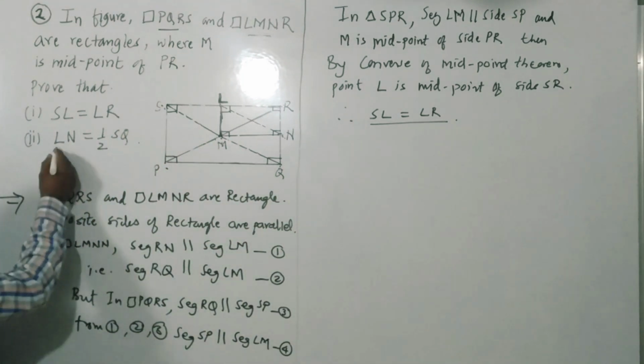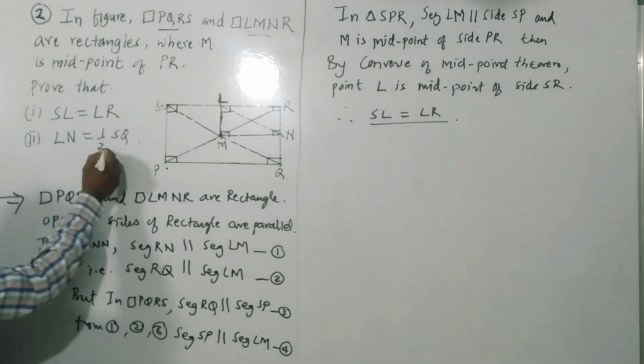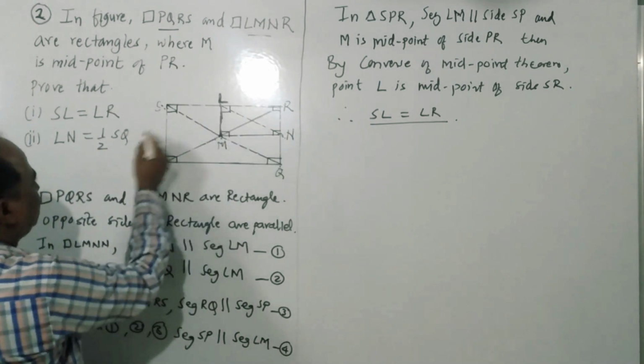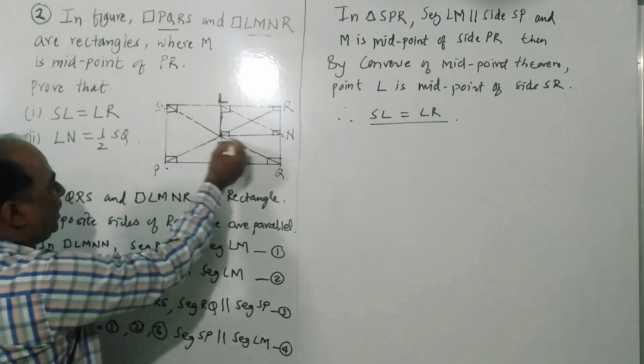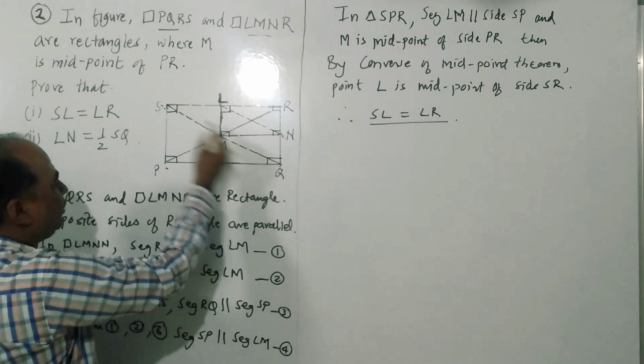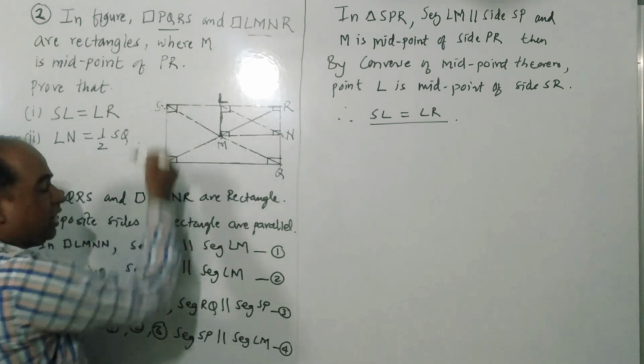Now second part we have to prove that LN is equal to 1 upon 2 SQ. So diagonal of rectangle LMNR is half of diagonal of rectangle PQRS.